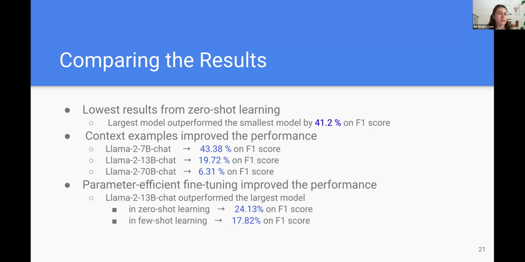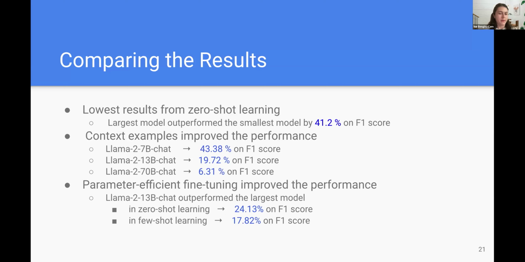With the given context examples in the few-shot setting, the Llama 2 7 billion chat model scores increased by more than 43% on F1 score. For the Llama 2 30 billion chat model, the scores increased more than 90% on F1 score. And for the largest model, the 70 billion model, the scores increased just around 6% on F1 score.